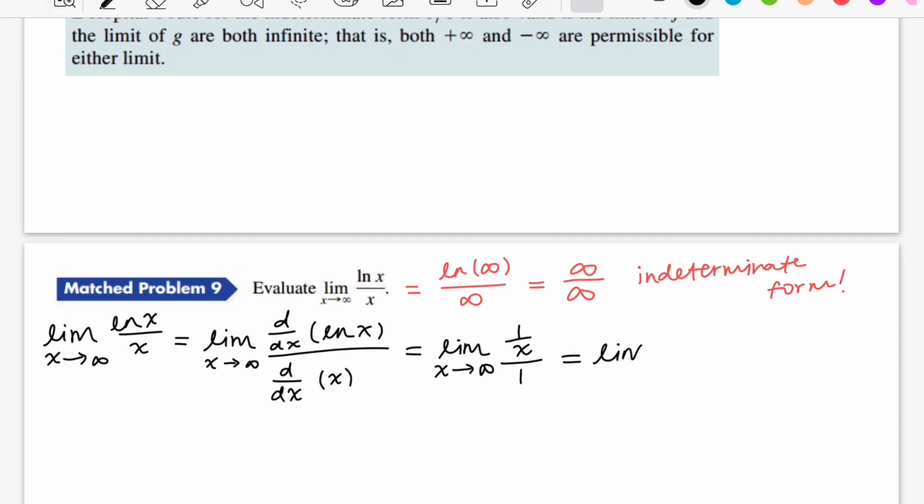So we're just evaluating this limit. We end up with 1 over infinity, and we know that if we have a constant in our numerator and we're dividing by a really, really big number, this whole thing is going to be smaller and smaller, so that limit is going to be equal to 0.